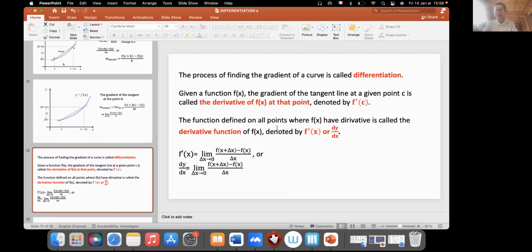The function defined on all points where f of x has a derivative is called the derivative function of f of x, which is denoted by f prime of x or dy over dx. So f prime of c and f prime of x are the notation invented by Euler, an 18th century mathematician. dy over dx is invented by Leibniz, whom we mentioned at the start of the course, right?